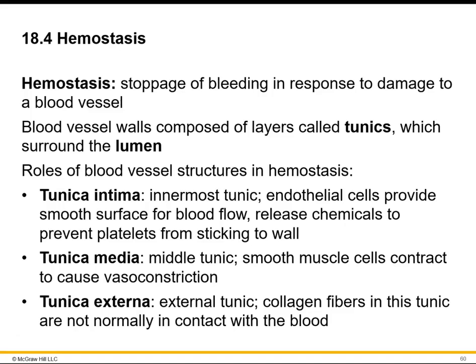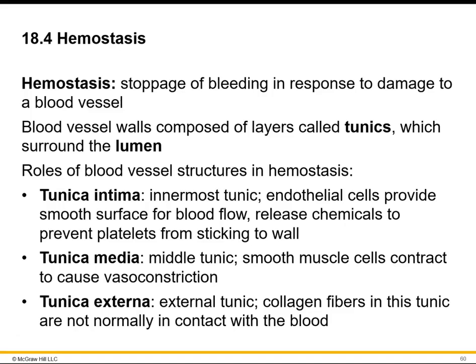So that's why we call them endothelial cells. And again, these endothelial cells provide a smooth surface for the blood to flow, and then they release chemicals that prevent platelets from sticking to the wall. A damaged endothelial cell will release chemicals that help platelets stick to the wall.